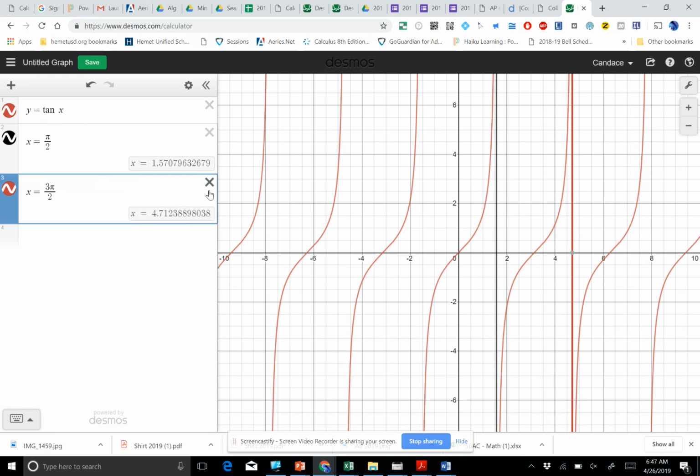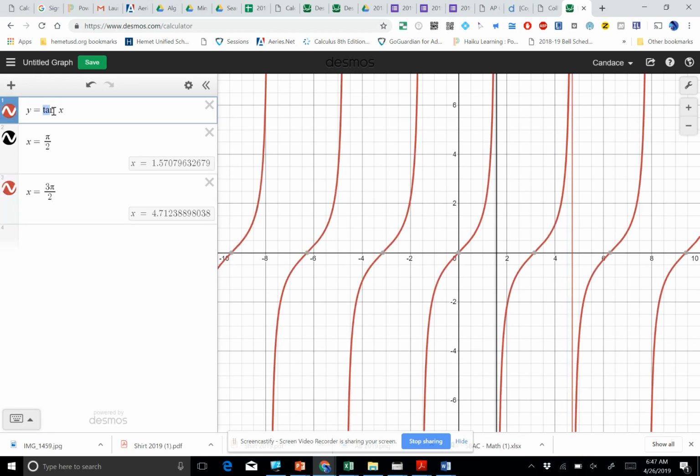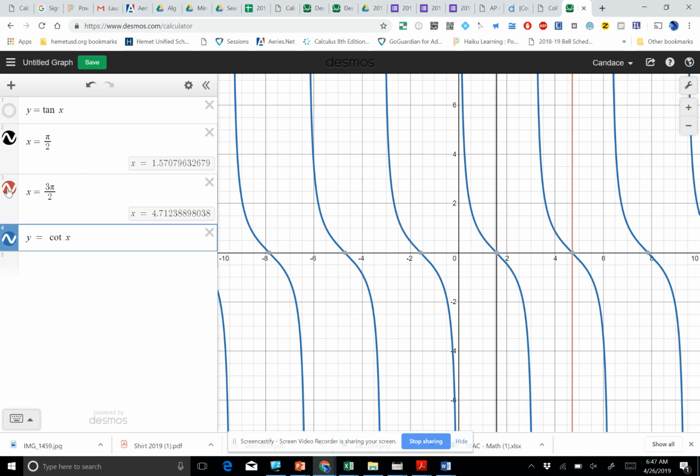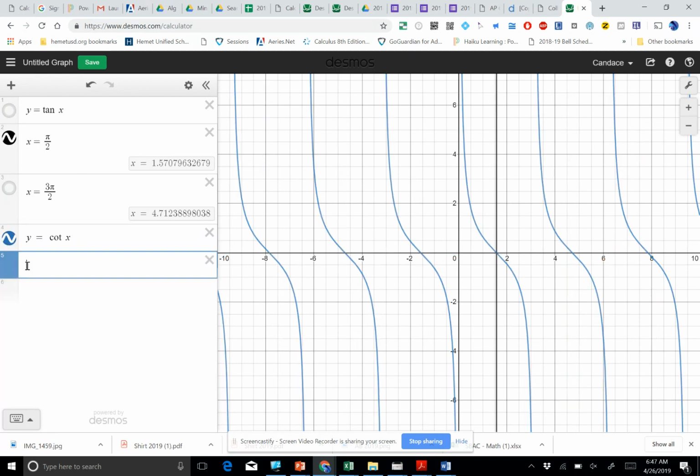And then cotangent looks very similar to tangent. In fact, let's put them up there together. y equals cotangent of x. So they're very, very similar. It's just there's a shift. See how the tangent's asymptote is at pi over 2, but I'm going to take that one off. The cotangent's asymptote is at 0 and at pi.